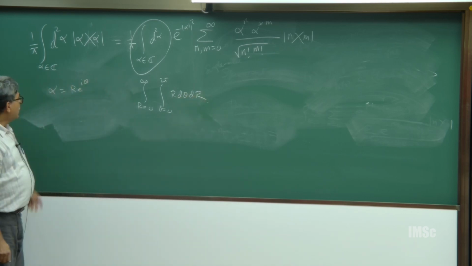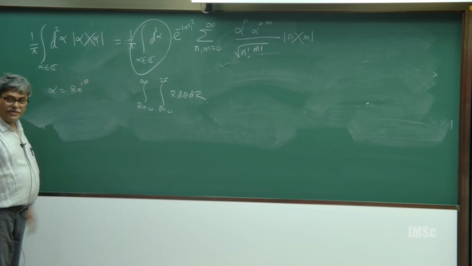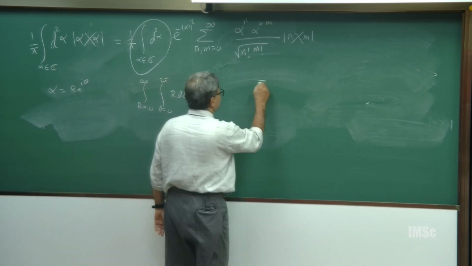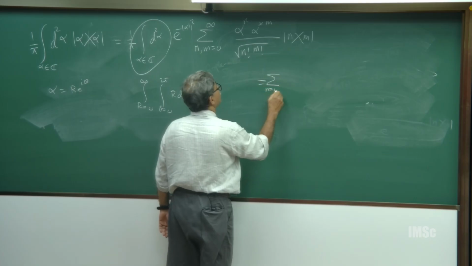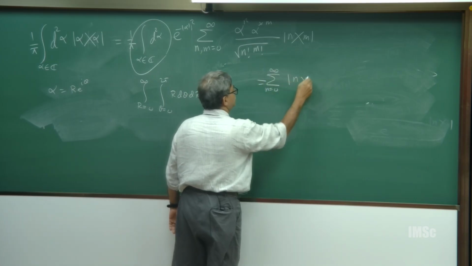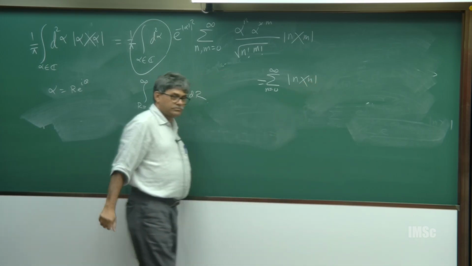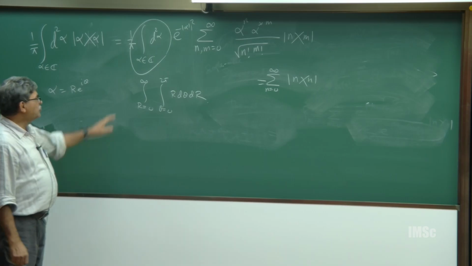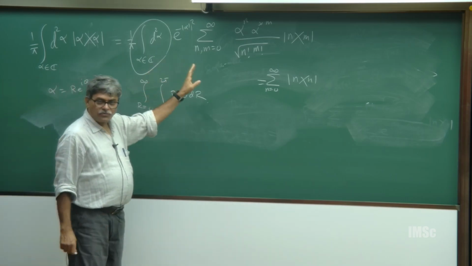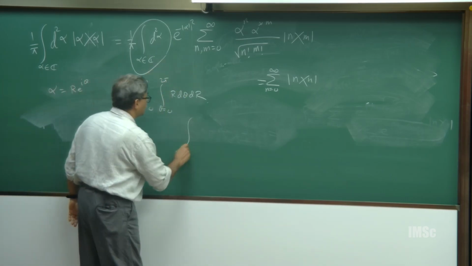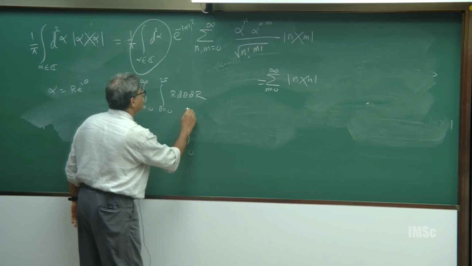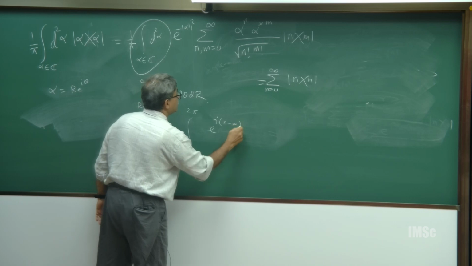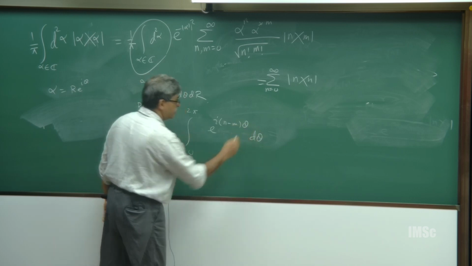Then, if you follow all this, what you will ultimately get is a sum over n from 0 to infinity of ket n bra n. I hope you can do this, it is simple integration. There will be an integral of theta from 0 to 2 pi of e to the power i (n minus m) theta d theta.